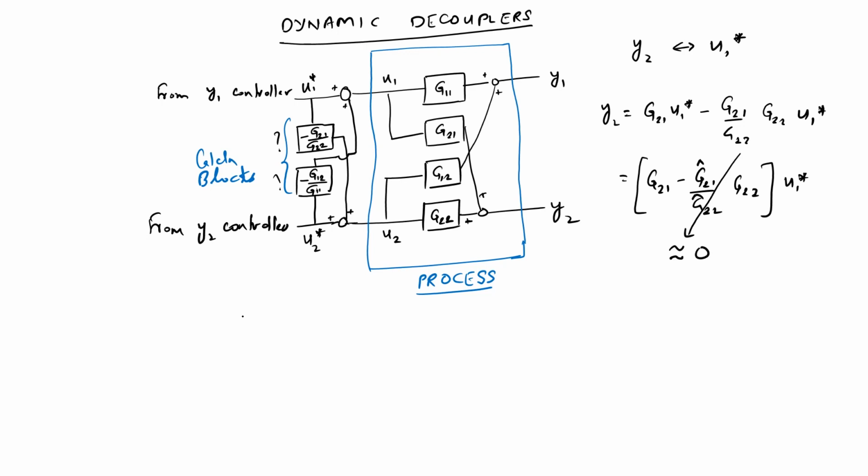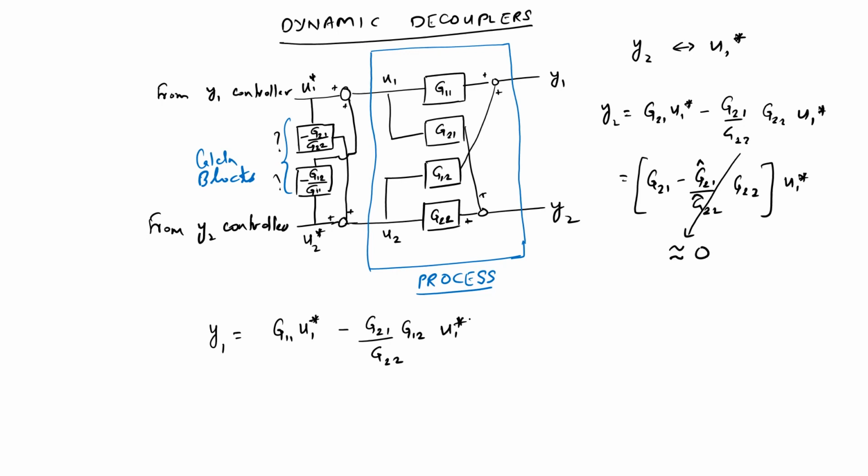If u1 star goes up, y1 will go to g11 u1 star, but this change in u1 star will cause a change in u2, which is actually minus g21 by g22, and this will cause an additional effect g12 on y1 because of u1 star.